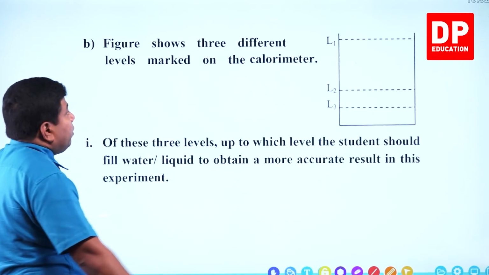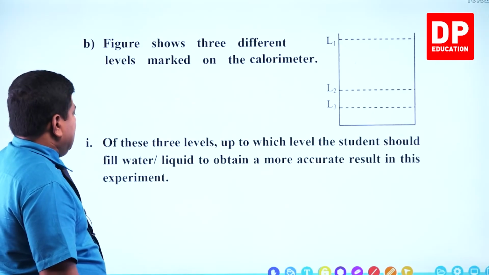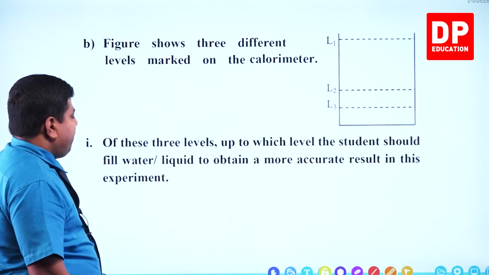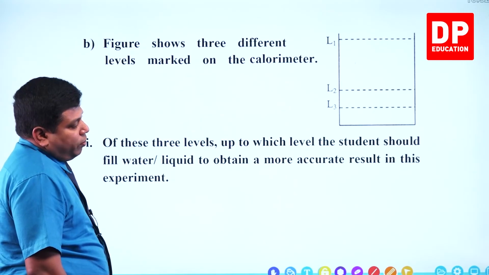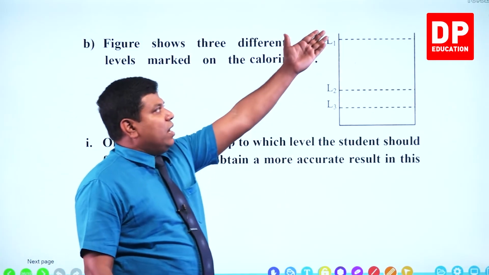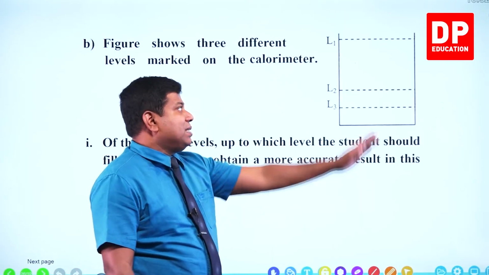Next. Figure shows 3 different levels marked on the calorimeter. Of these 3 levels, up to which level should the student fill water or liquid to obtain a more accurate result in this experiment? You know, L1, right? From the top, just 1 centimeter below means L1.